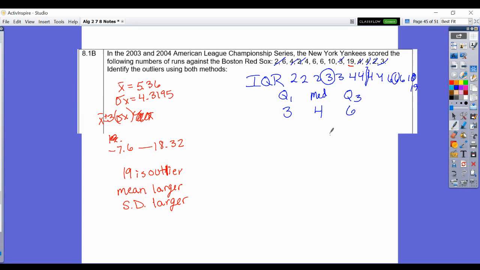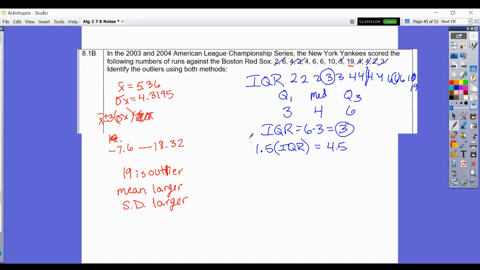All right, so the IQR is 6 minus 3, which is 3. So my interquartile range is 3. You do 1.5 times the IQR. 1.5 times 3 is 4.5. And then you take the first quartile.